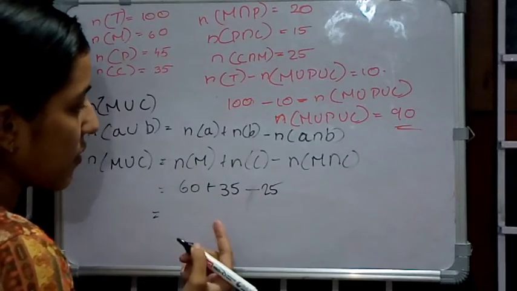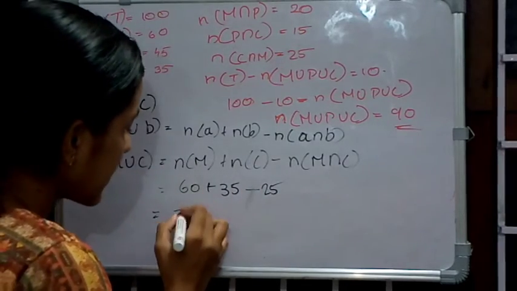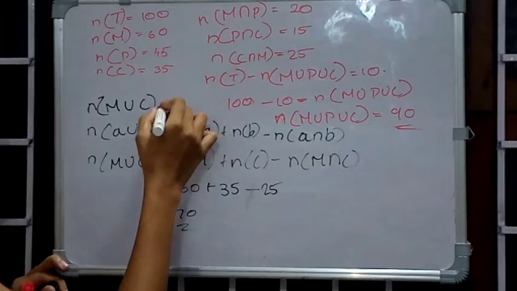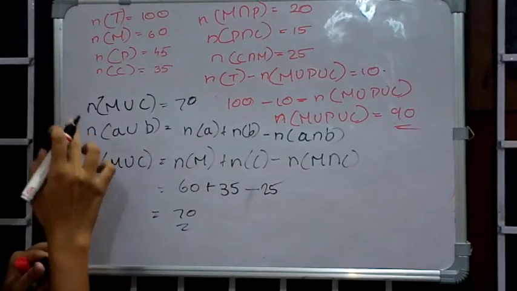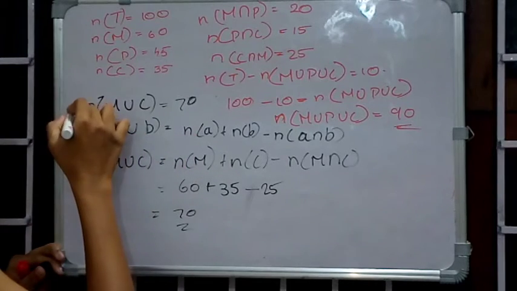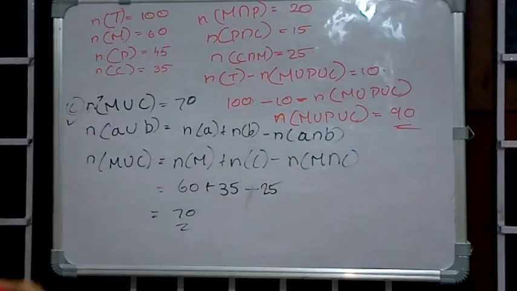So 35 minus 25 gives 10. 10 plus 60 is 70. So this is correct, as it is given that n of M union C is 70. So option C is correct.